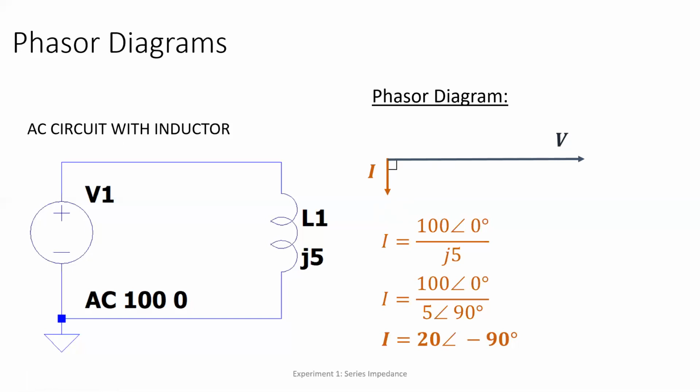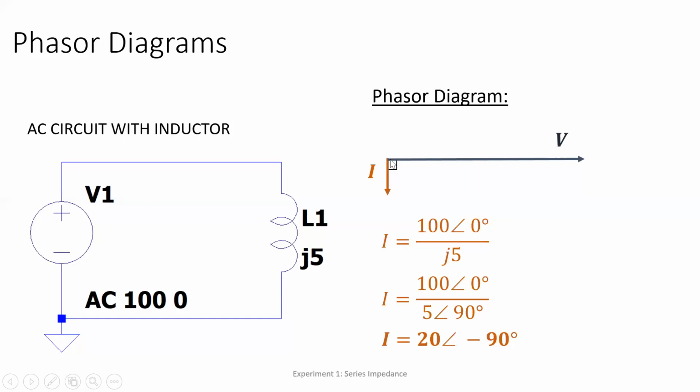Okay. So remember ELI. ELI: voltage E, inductor L, current I. So current is lagging in an inductive circuit.